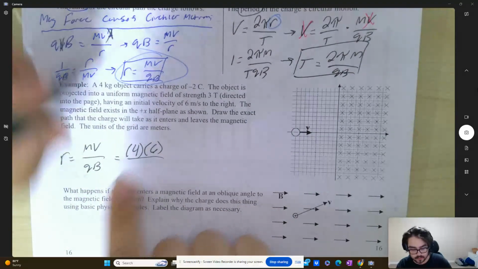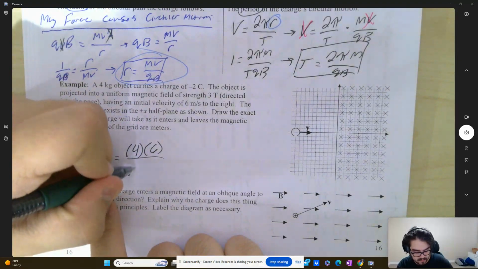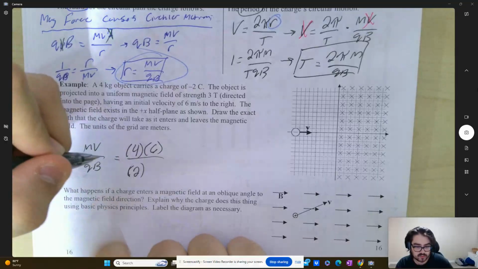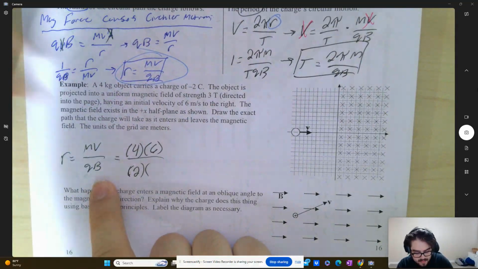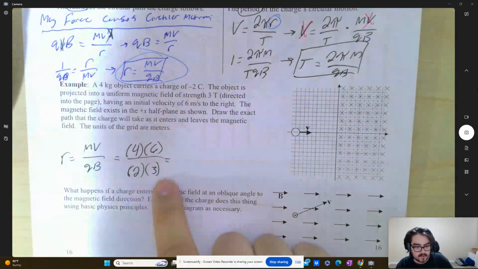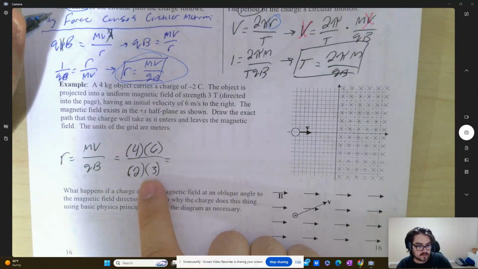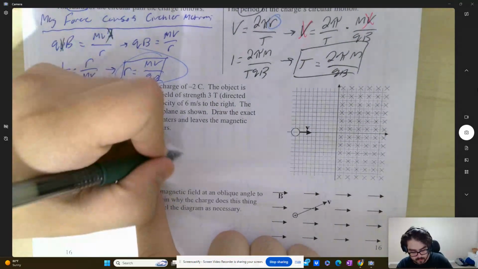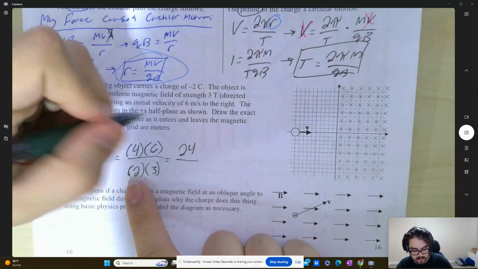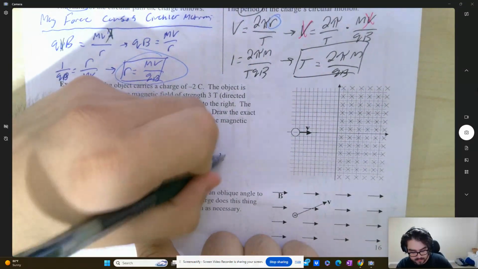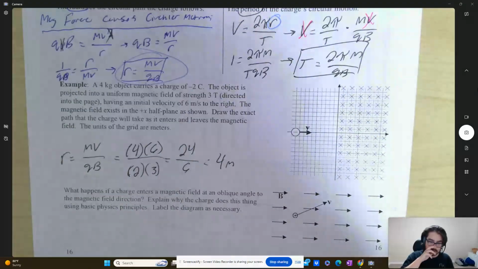I'm actually just going to use 2, because we don't really want the radius to be negative. It doesn't really matter, we just drop the negative at the end. And b is 3. When you calculate that out, you get 24 on the numerator and 6 on the denominator. You should end up getting 4 meters as the radius.